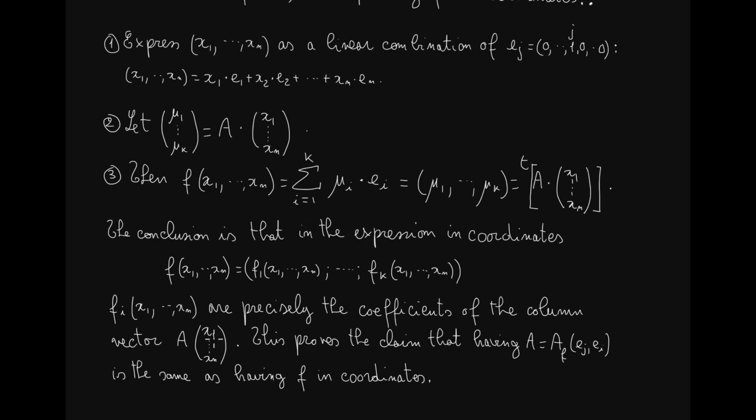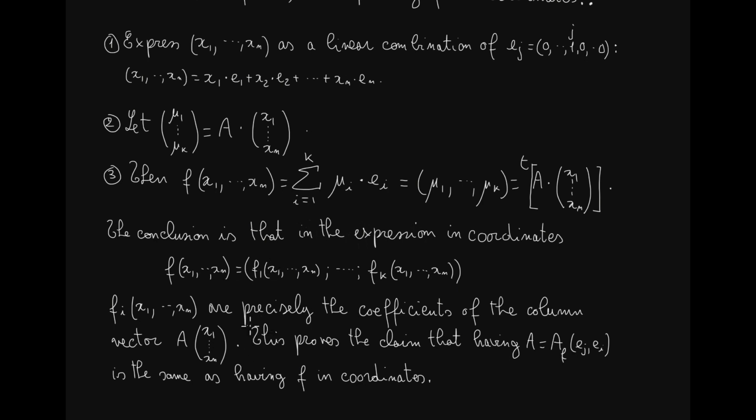So basically I take the vector of which I want to get the image, I multiply on the left by the associated matrix with respect of the canonical basis, and what I get is precisely, as a column vector, the image of x1 through xn without needing to solve any system of linear equations. And if we start from a generic vector, this will be precisely the coefficients.